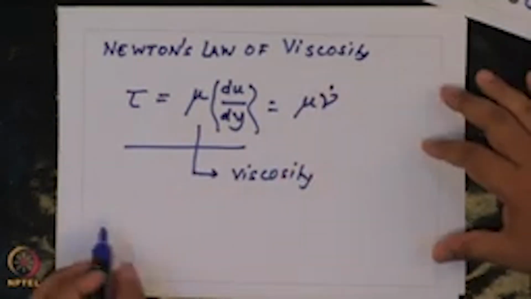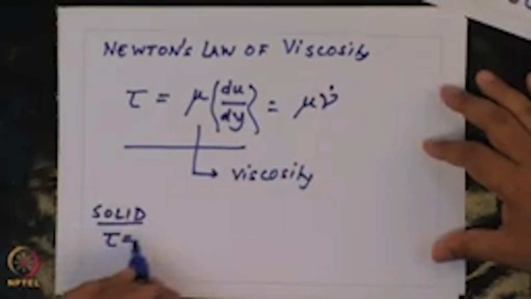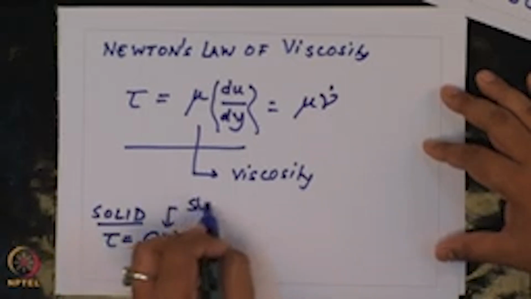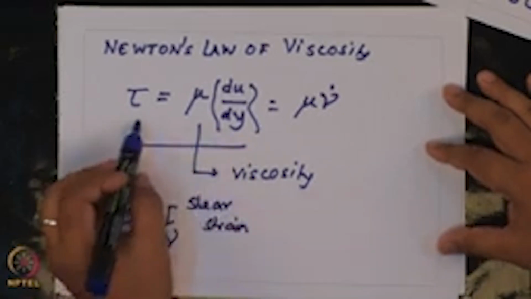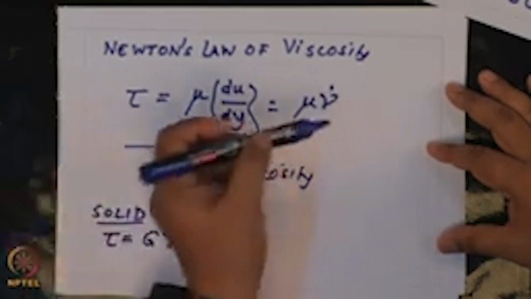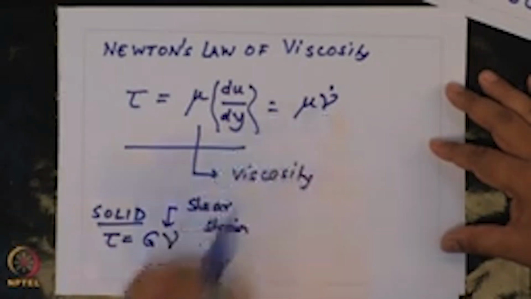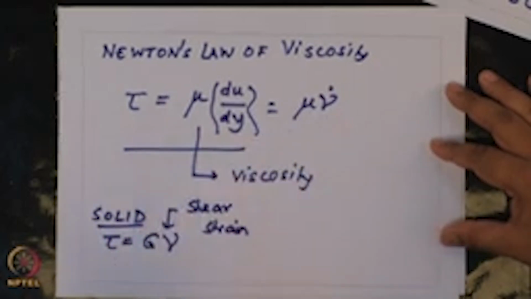In contrast to our shear for the solid, we had this equation tau is equal to G times gamma, which is my shear strain. For a fluid, my shear stress is related not to the shear strain, but to the shear strain rate, gamma dot, by the constant of proportionality, which is mu, or the viscosity.